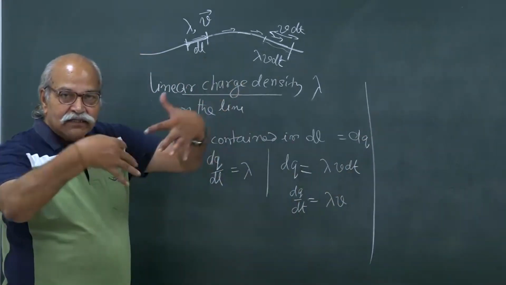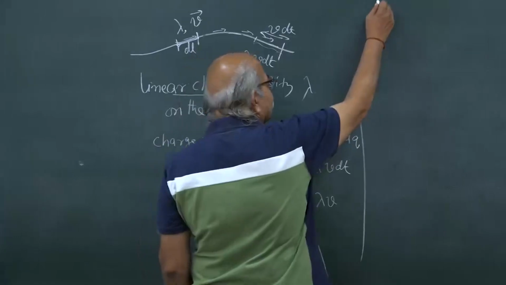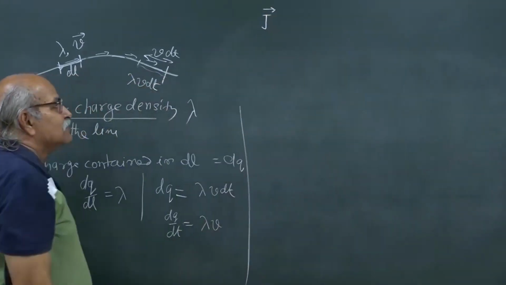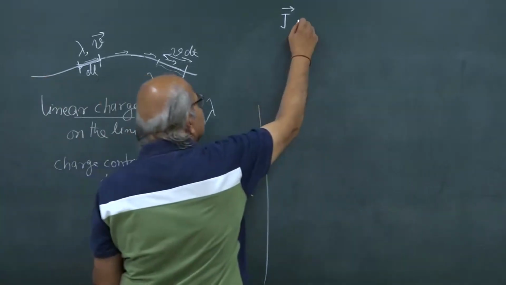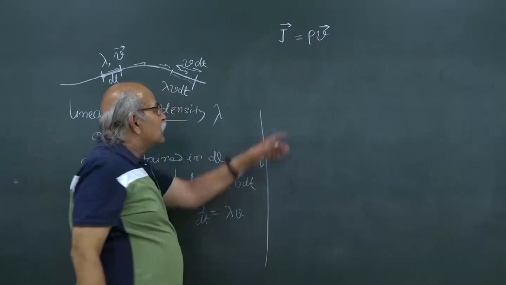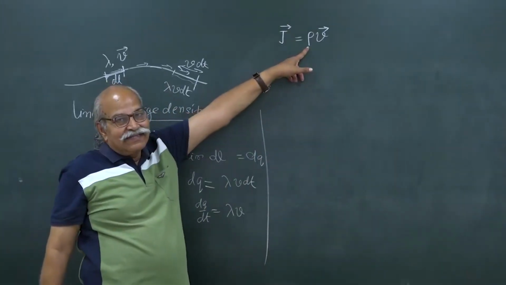So, if I collect all three, we defined volume current density J, and that was rho times v, where rho was the volume charge density.